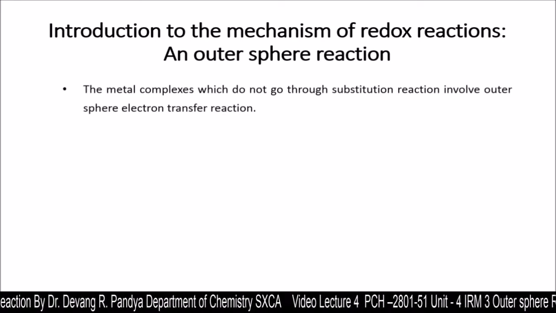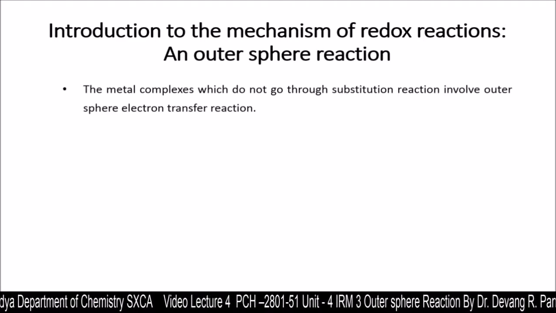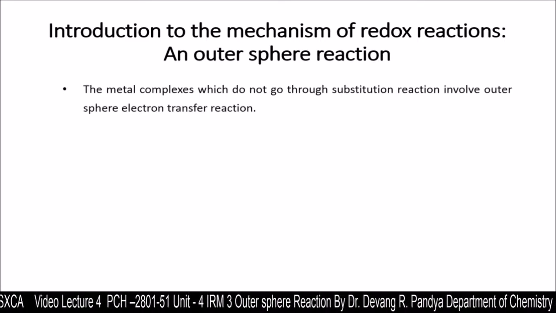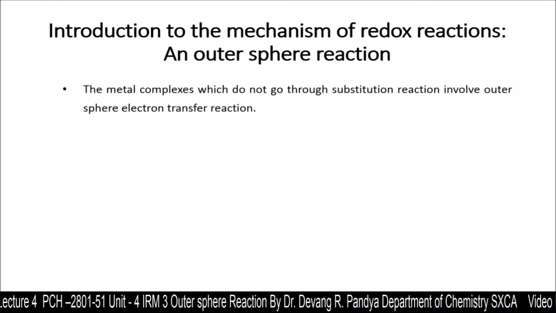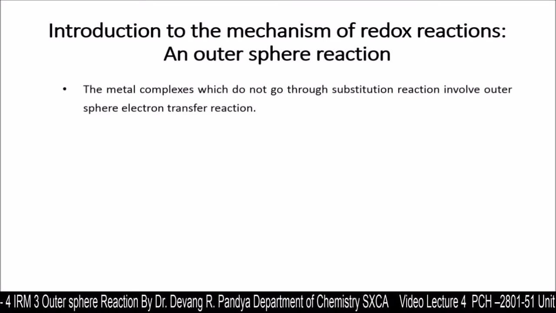The metal complexes which do not go through substitution reaction involve outer sphere electron transfer reaction. So in outer sphere there is no substitution, which means there is no role of the spectator ligand in it.